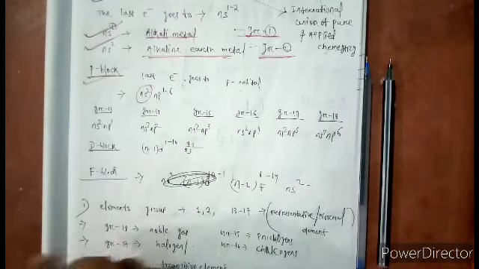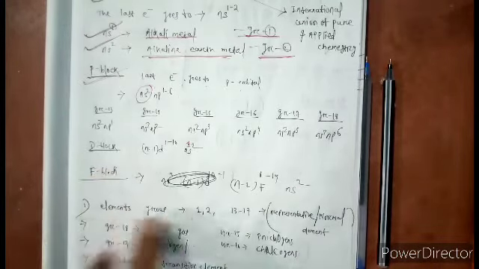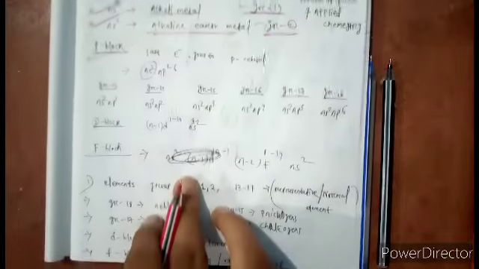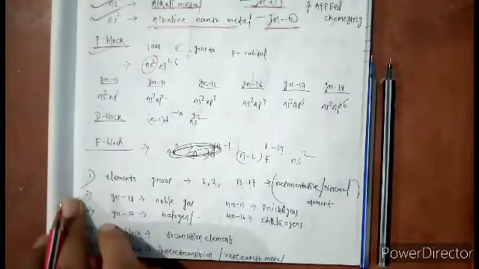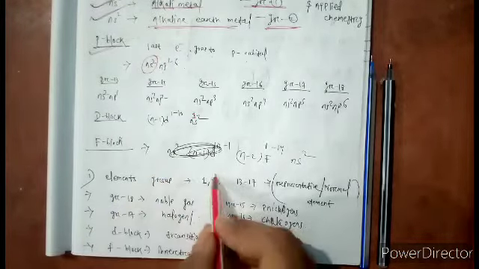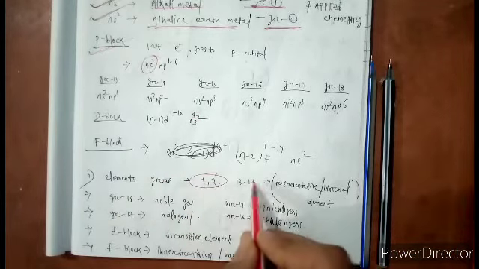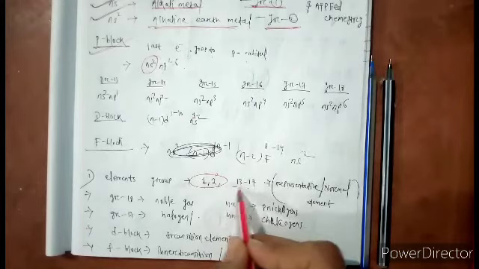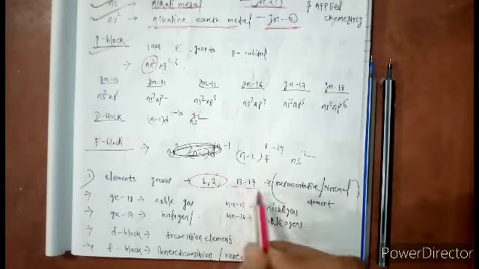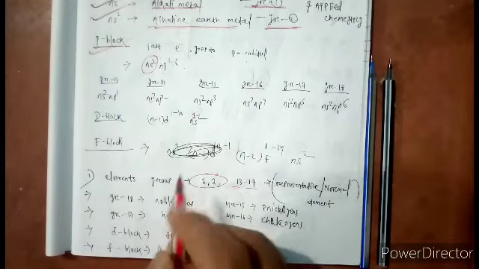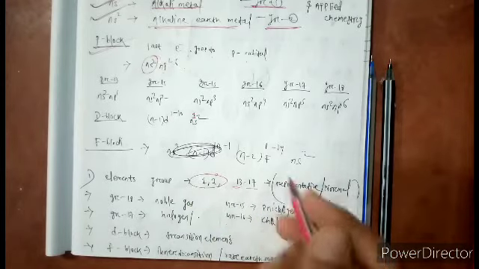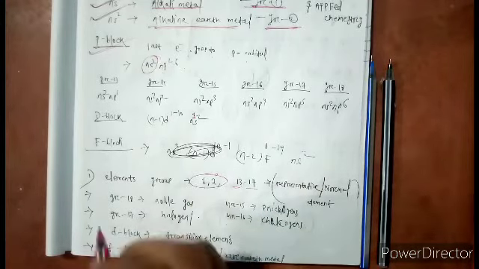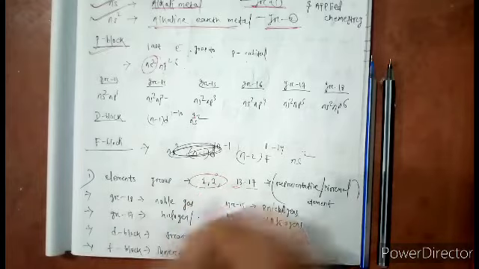Then some important terms. Group 1 and 2 elements, and groups between 13 to 17, that is 14, 15, 16, are called representative elements or normal elements.